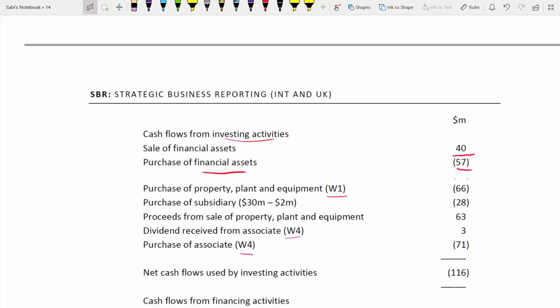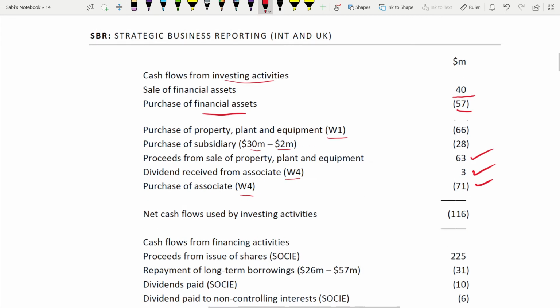So dividend received and purchase of associate, we have just calculated. Proceeds from sale of property, plant and equipment, we have sold it for 63, and subsidiary 30 minus 2. Why 30 minus 2? When we purchased the subsidiary, how much did we purchase it for? 30 million. We are deducting 2. Where is this 2 coming from?